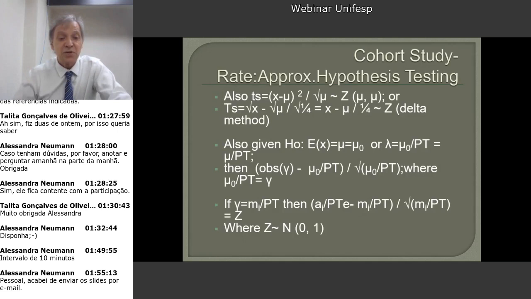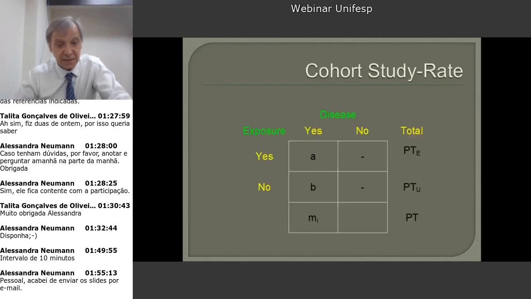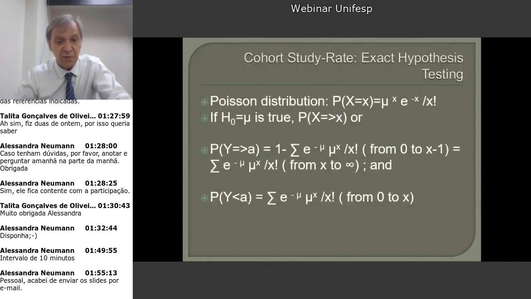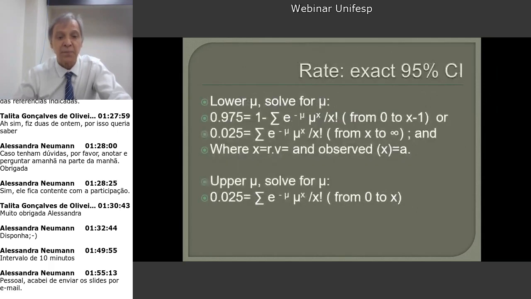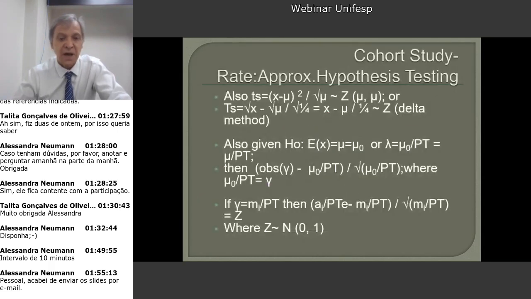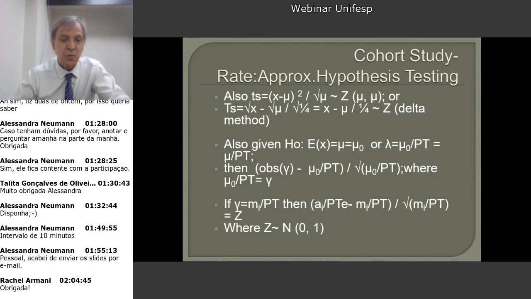The test statistic goes like that, and you can simplify it with the square root of 1/4 using the delta method and calculus, which I did not show to you. These are simplifications of the methodology. So instead of using this formula, which is the exact measurement of the lower and upper bound probability, you can follow this much simpler one. This little squiggle here is just a square root.